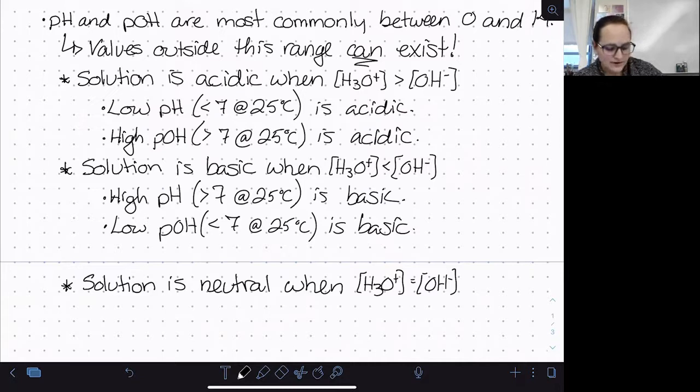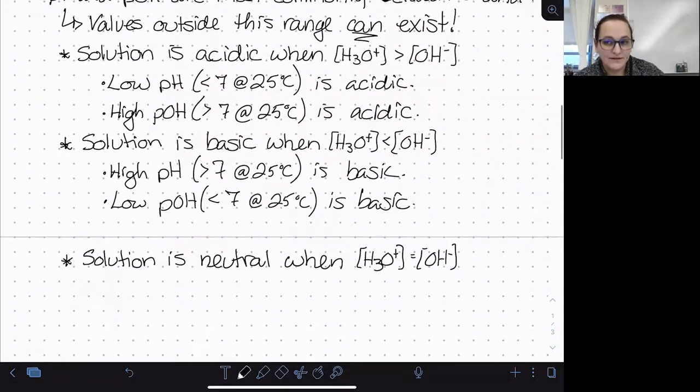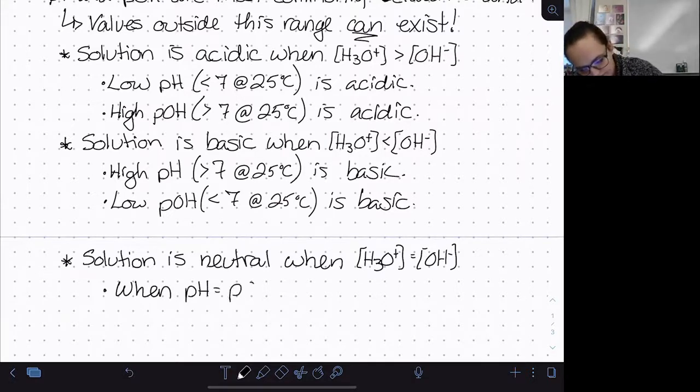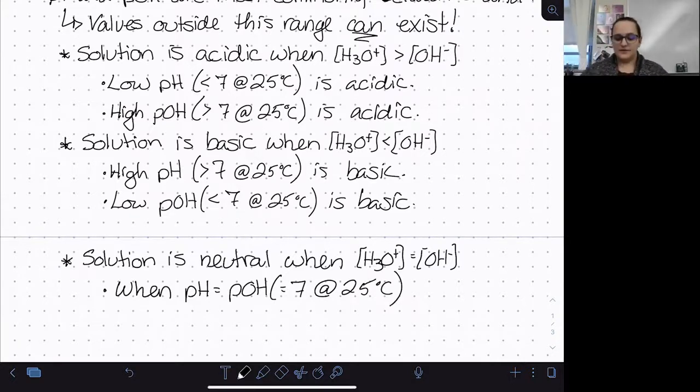So this occurs at pH 7 as well as at pOH 7. It really happens when the pH and the pOH are equal, which is equal to 7 for both of them at 25 degrees Celsius.